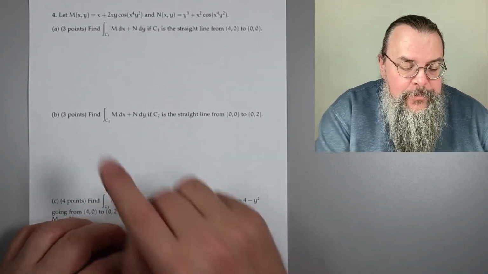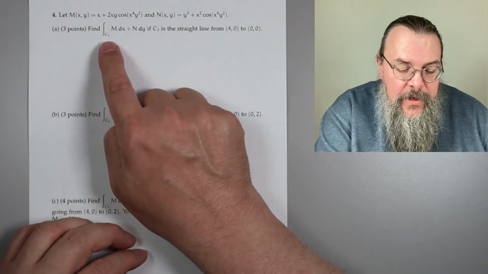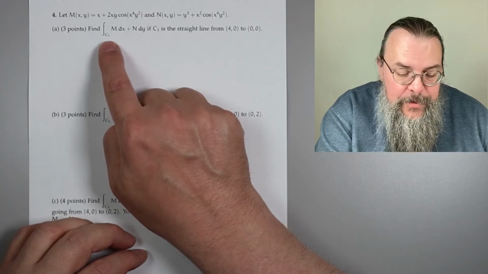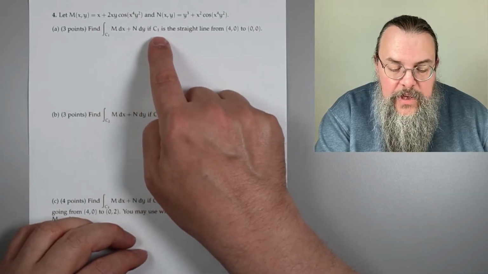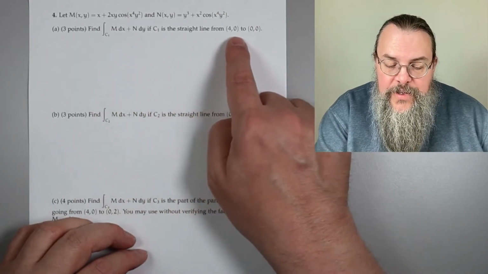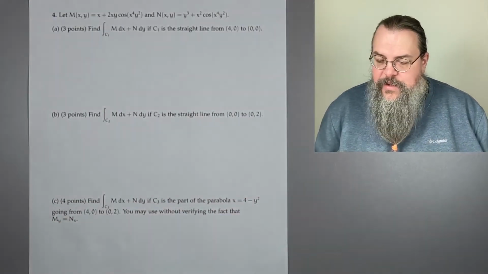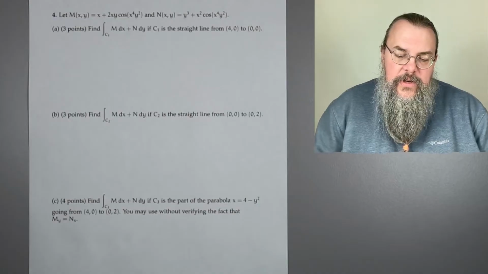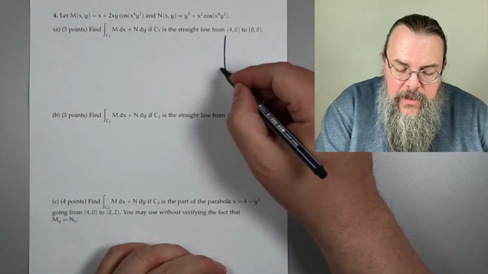But all right. Part A. Find the integral along curve C1 of M dx plus N dy if C1 is the straight line from (4, 0) to (0, 0). Okay, so let's talk about this curve. We'll sketch it really quickly.